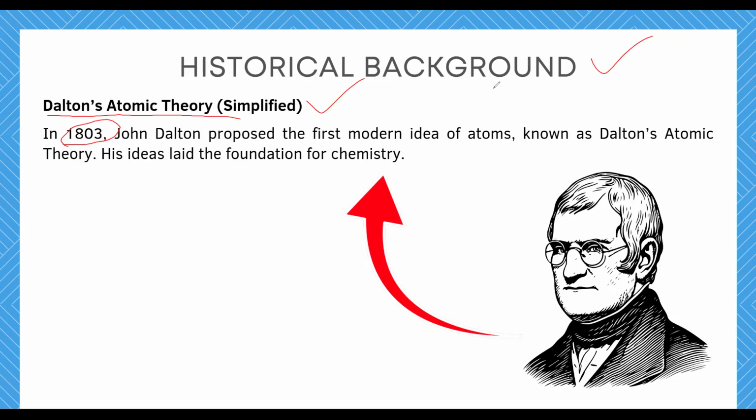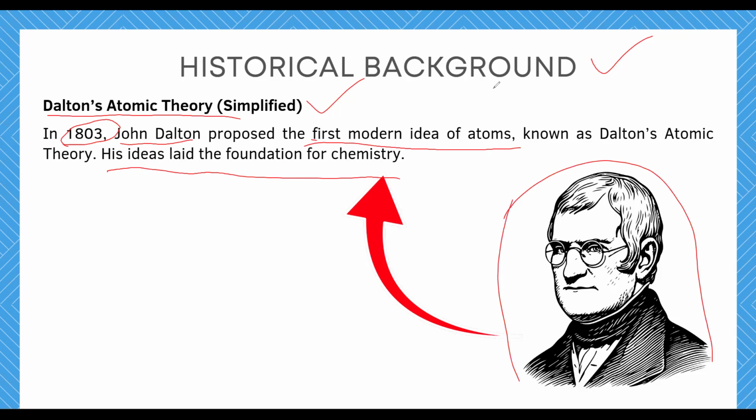John Dalton, a scientist just like you and me, proposed the first modern idea of atoms, known as Dalton's atomic theory. His ideas laid the foundation for chemistry. This is his picture. This is what he looked like.